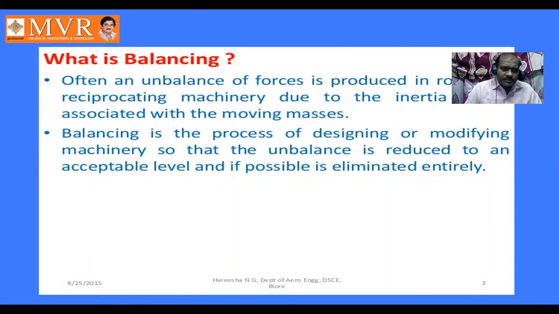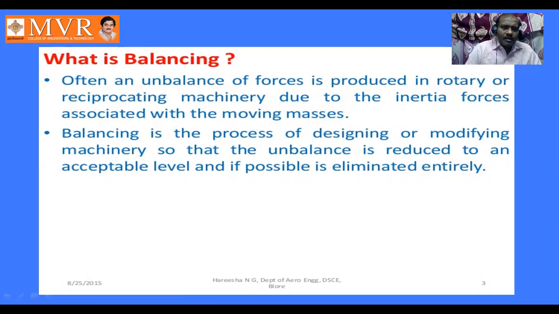What is balancing? Often an unbalance of forces is produced in rotary or reciprocating machinery due to the inertia forces associated with the moving masses. So what is the first thing which you observe here? The unbalance of forces produced in rotary and/or reciprocating machinery.